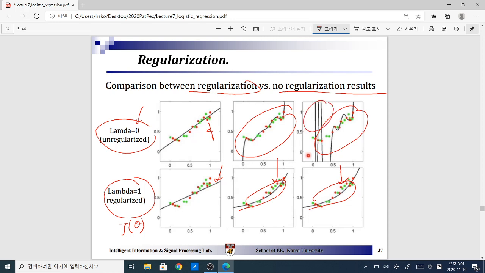Instead of having the very wiggly line like this, it's going to be very simplified, without the line being very wiggly. So this will be the end effect for the case of using the regularization term.